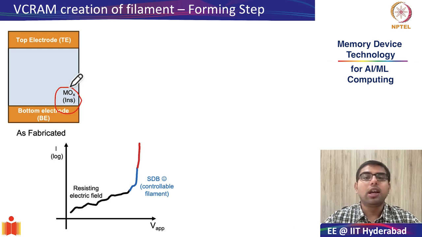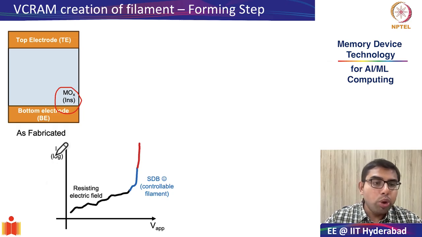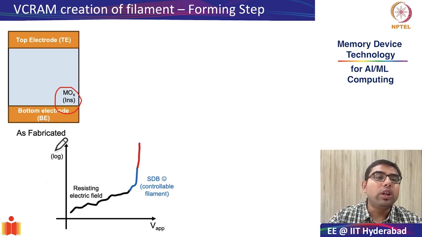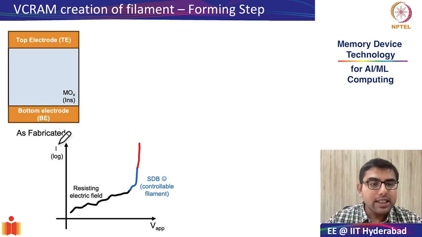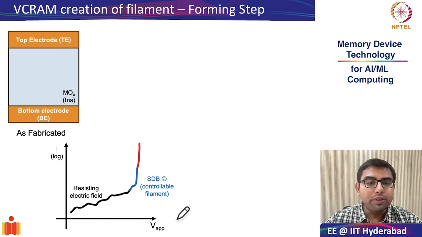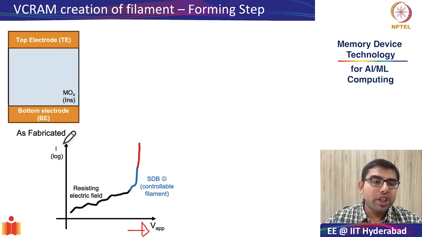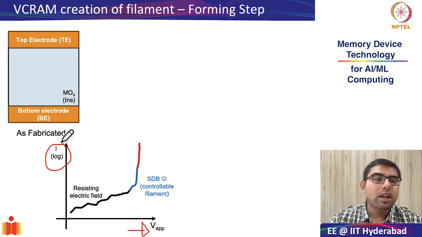For the creation of these conductive filaments, you start cranking up the voltage on the top electrode while you keep the bottom electrode grounded. As you can see in this particular graph, we are applying a voltage on the top electrode and measuring what is happening to the current also from the top electrode.